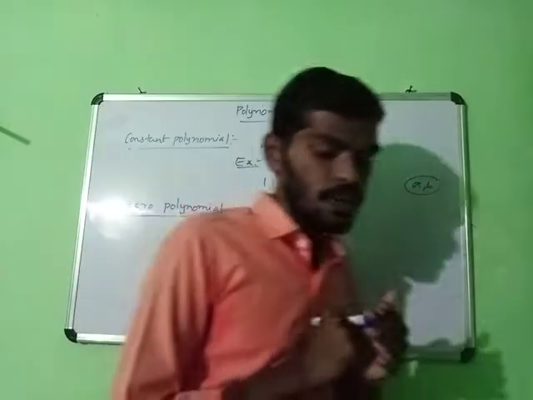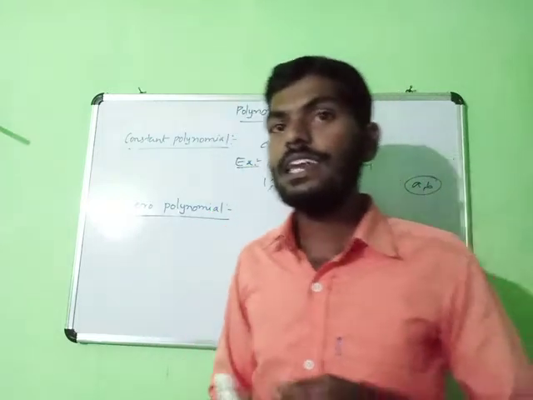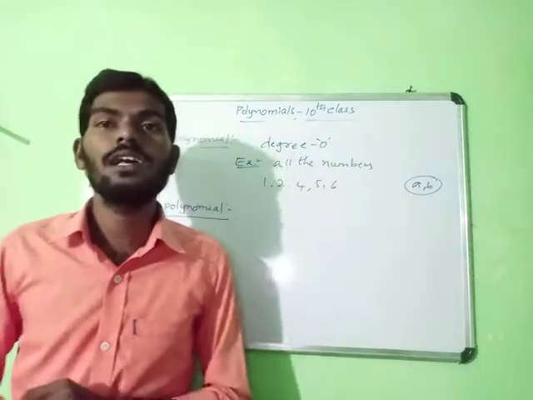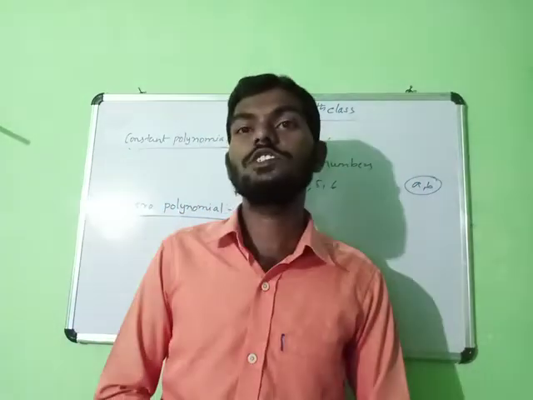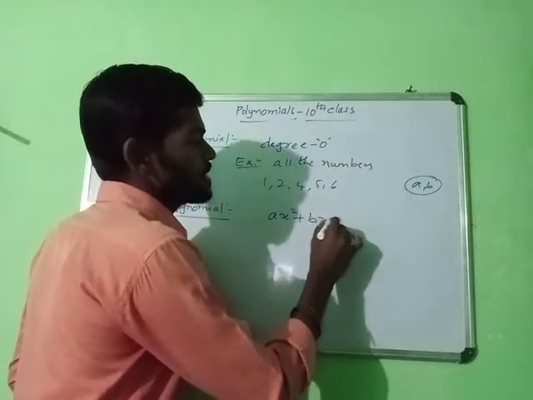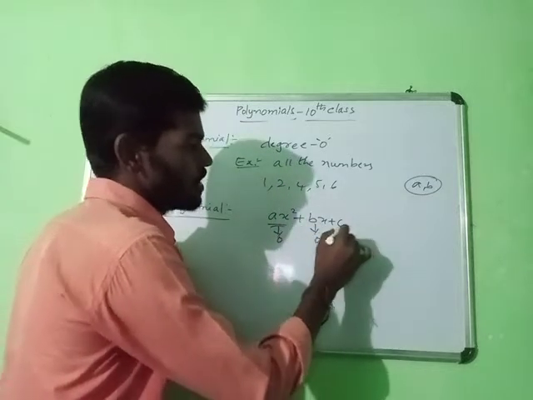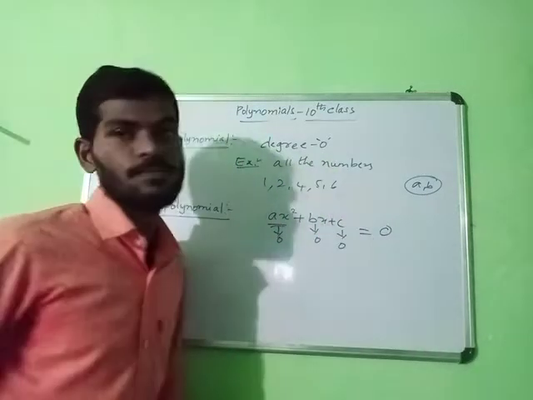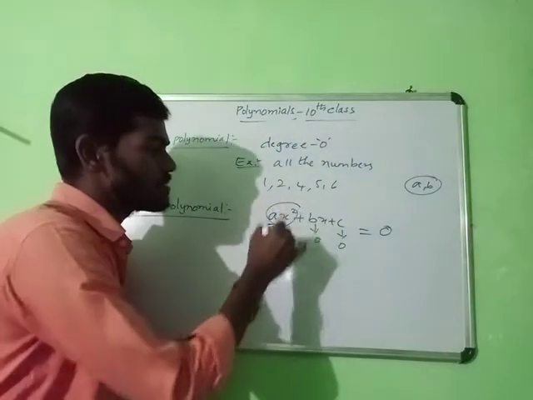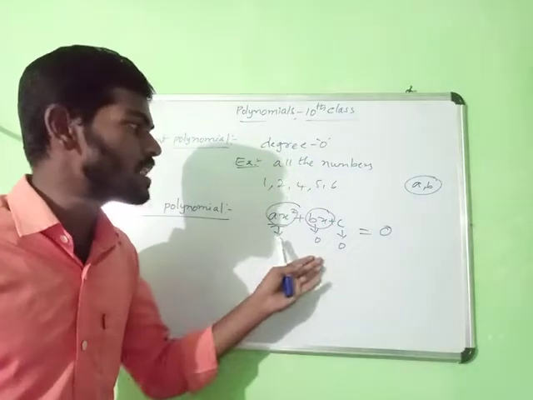Now first, discuss the zero polynomial. In a given polynomial, if all the terms become 0, then it is called a zero polynomial. For example, if ax square plus bx plus c is a polynomial, and this term becomes 0, bx also becomes 0, c also becomes 0, then 0 will come.